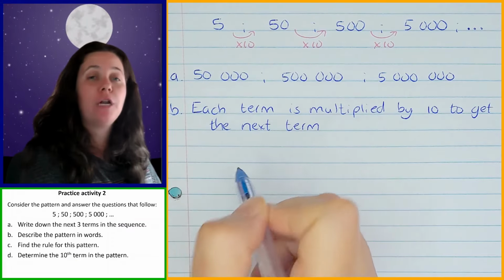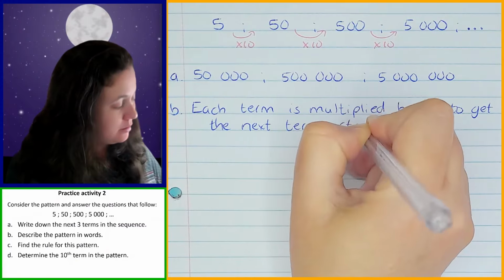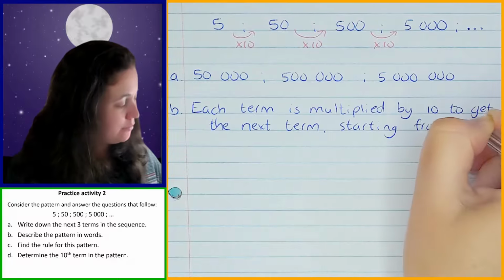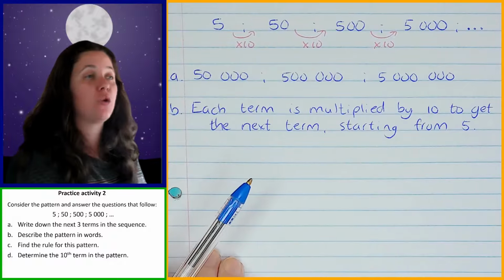But that's not enough. I also need to say where the pattern is starting. So starting from 5, which is our first term over there. Okay, so that's what you should have had for your description.